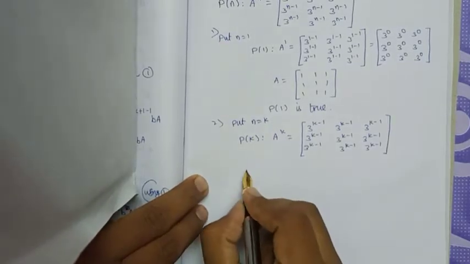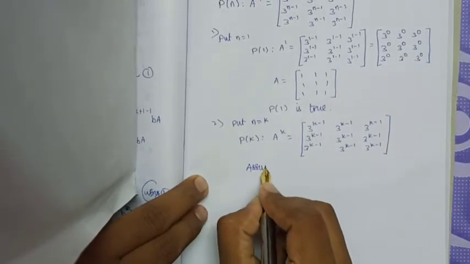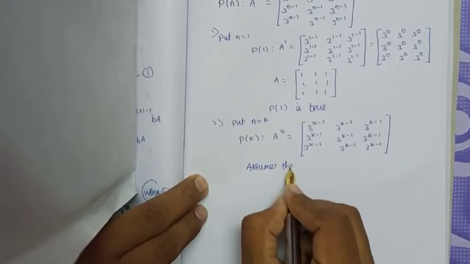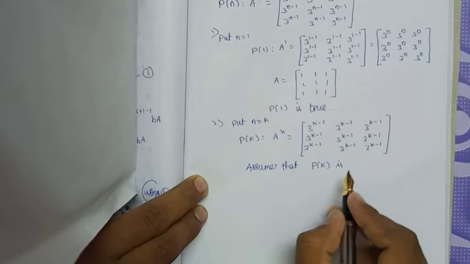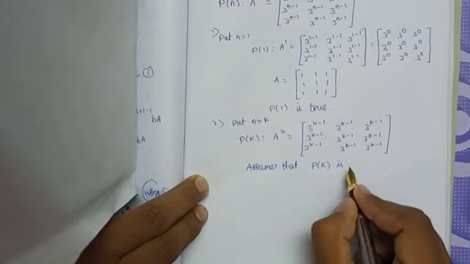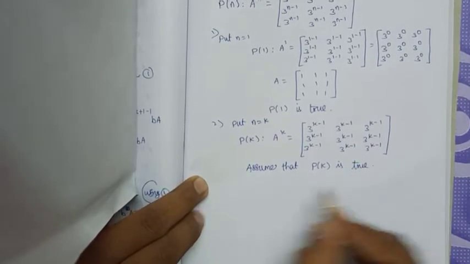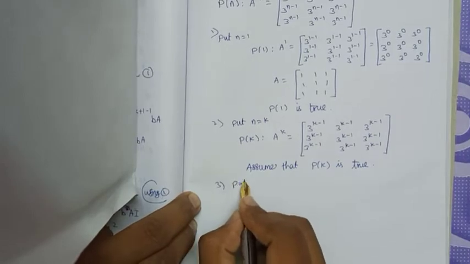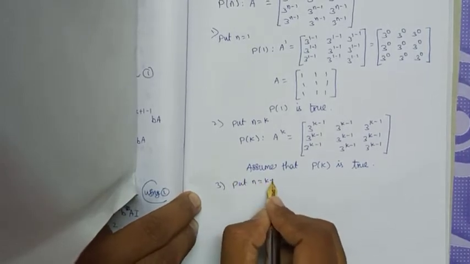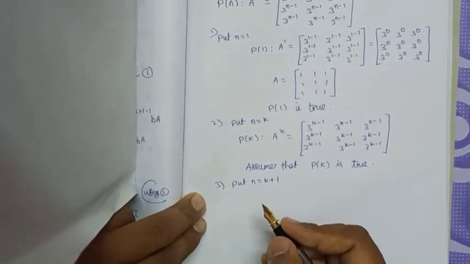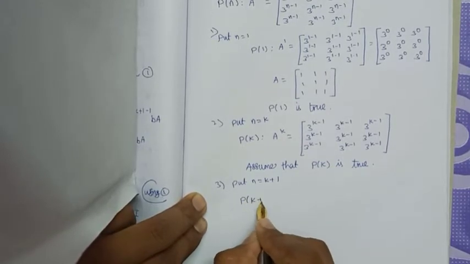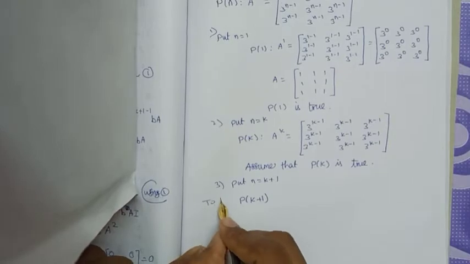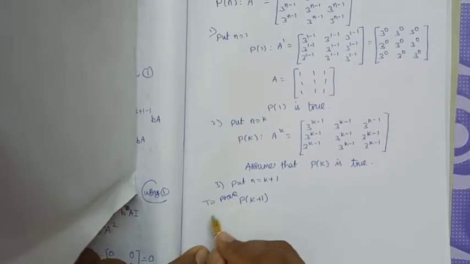So assume that P(k) is true. This case is always true, we take it. Okay, next the third case, put n equal to k+1, so we get P(k+1), that is to prove, this is the condition, this is then to prove that value.